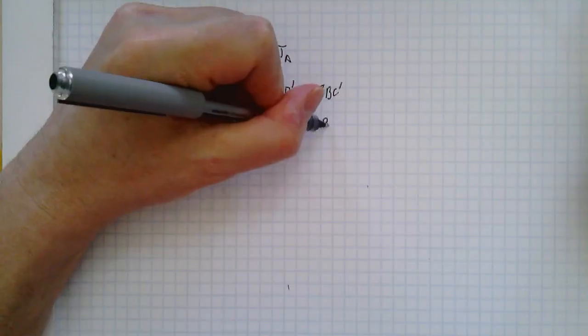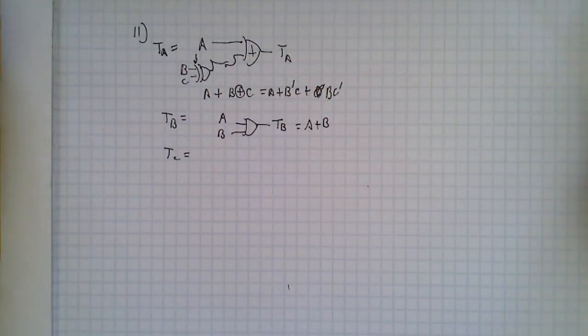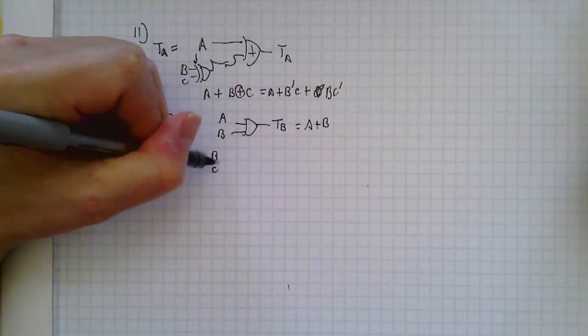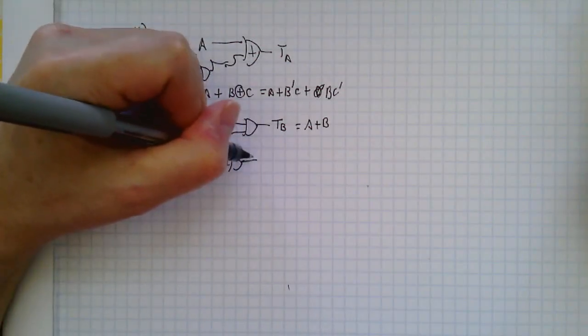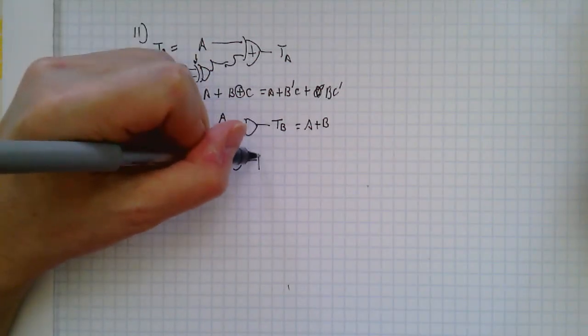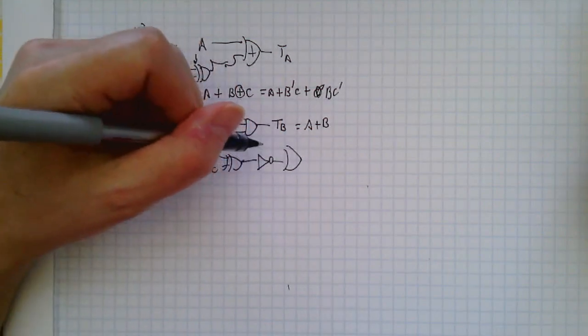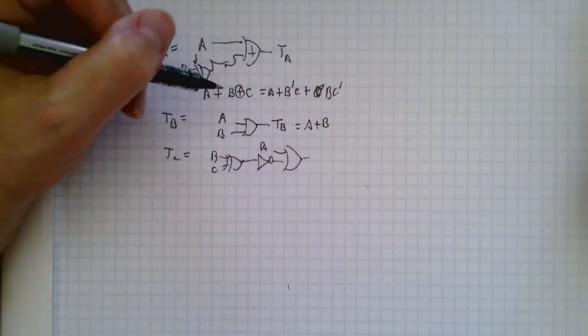Now let's do T sub C. What does T sub C equal? Are you guys looking at this thing? It's BC going into an exclusive OR gate. Okay, I'll draw it out, and then put in an A. And then that's T sub C. So what does T sub C equal?